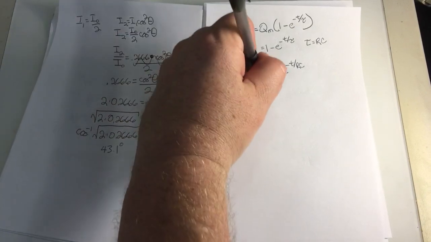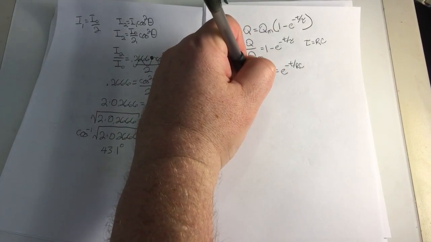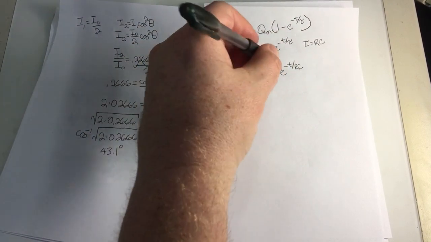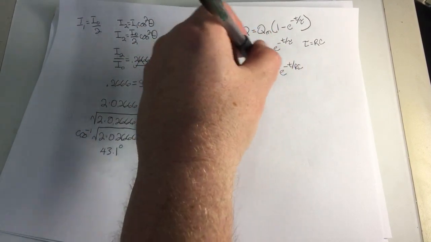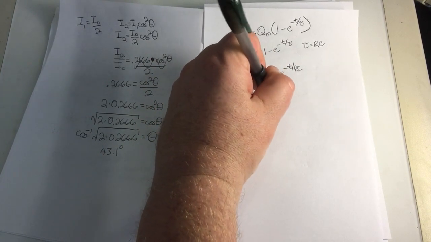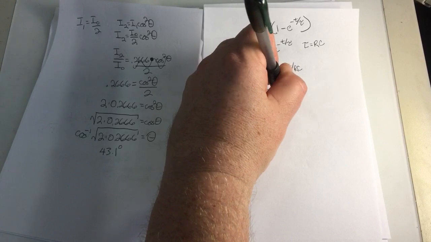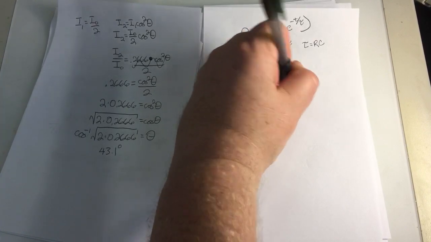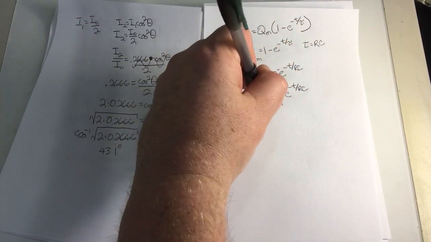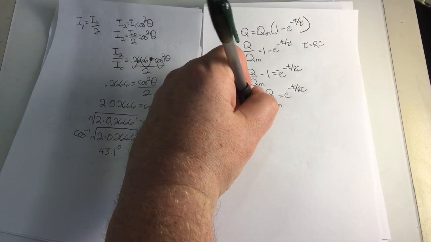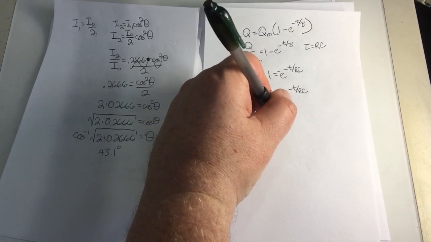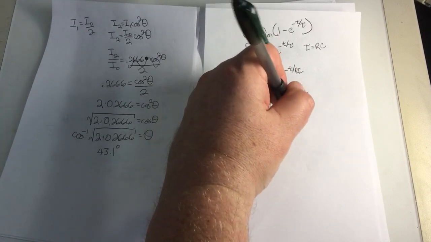The next step is, ooh, and I missed a minus sign. So I'm going to take that minus sign, bring it over here, and then I'm going to have 1 minus Q over QM is equal to e to the negative t over RC. I'm going to take the natural log of both of these.